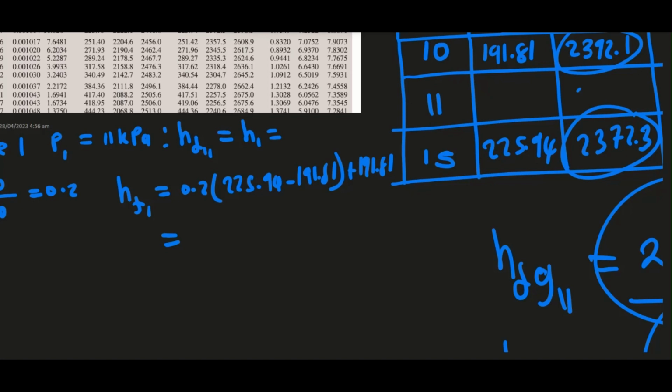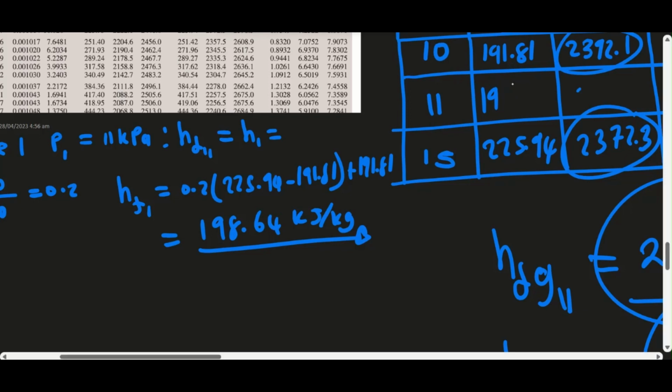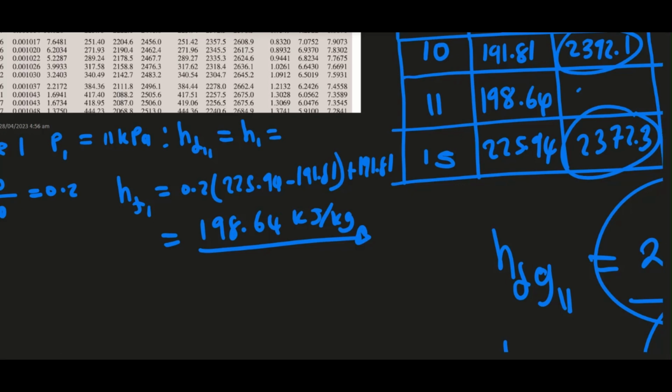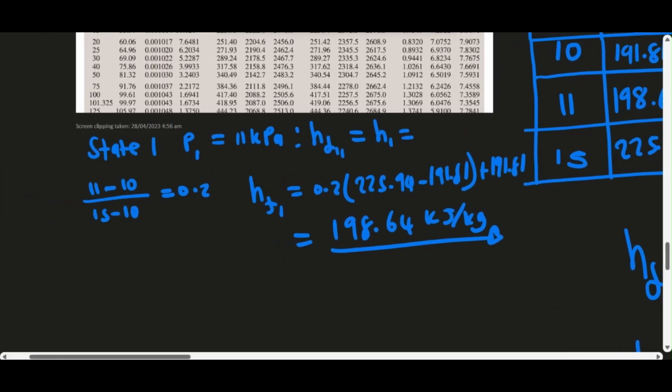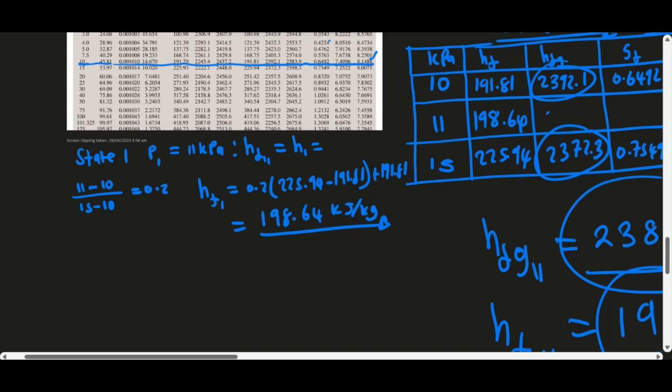That gives us 198.64 kilojoules per kilogram. So that's the value for H1. We're done with state 1.